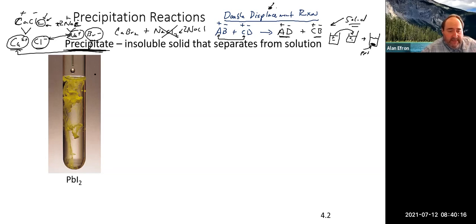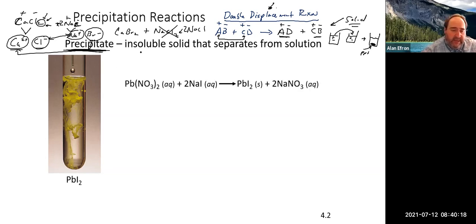So for example, if we look at this reaction here, which is lead(II) nitrate plus sodium iodide, these are both solutions, as you can see by the aqueous symbols. But when we add the sodium iodide, we do get a solid that forms, and it's this yellow solid that we see here. That is our lead(II) iodide. And we also get some sodium nitrate that's formed. This is a balanced equation.